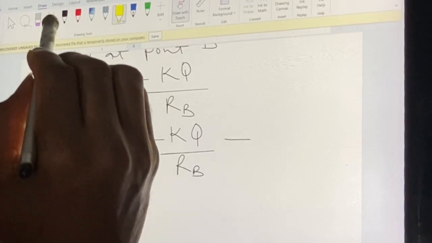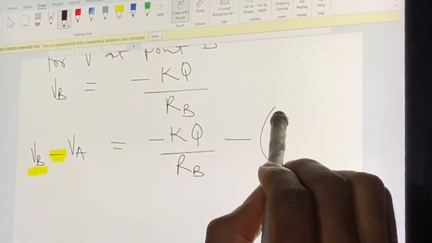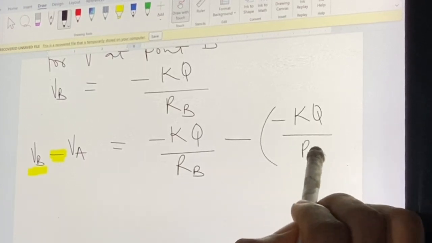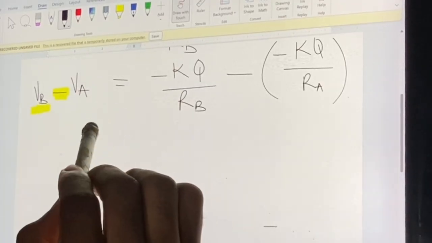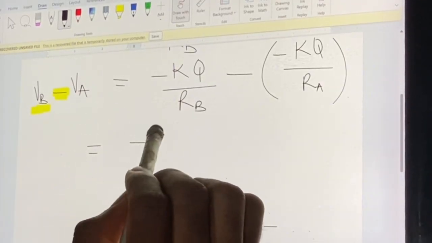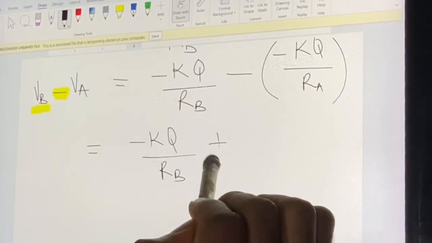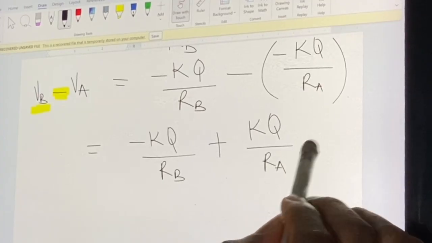Please don't forget, our VA is minus KQ over RA. Okay, let's simplify this here, class. This will be equal to minus KQ over RB plus KQ over RA.